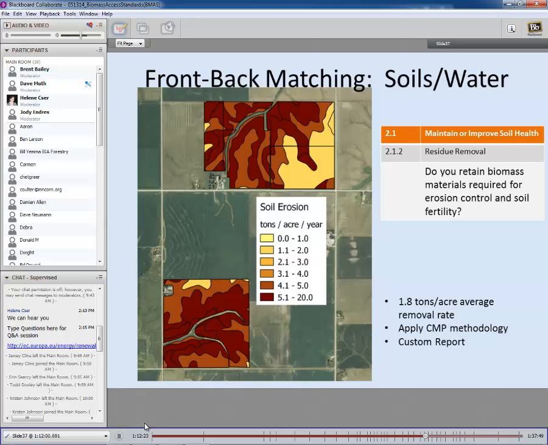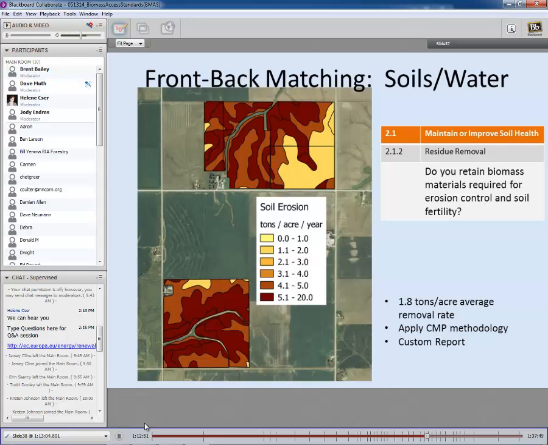And so the question here on the residue is, are we retaining enough biomass for erosion control and the soil fertility pieces? So if we come back into the same sets of tools that we've essentially provided through the framework, through the back end, as Jody mentioned, and now we start to do something where we're pulling off about 1.8 tons per acre of corn stover, fairly typical within some of the systems that we're seeing.